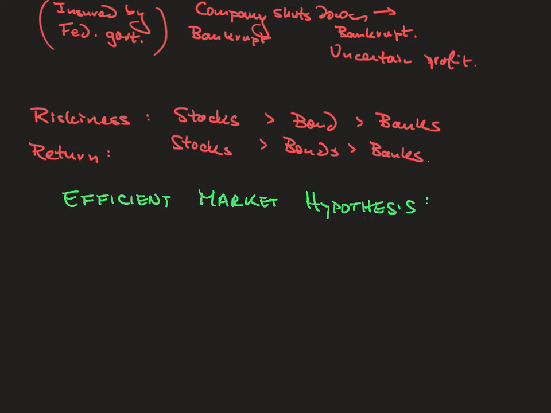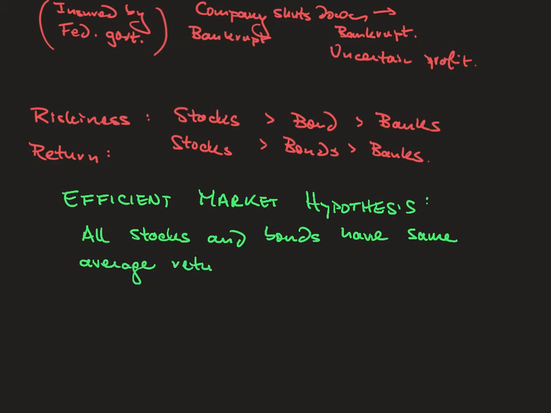The efficient market hypothesis says that all stocks and bonds have the same average return after adjusting for the risk premium.